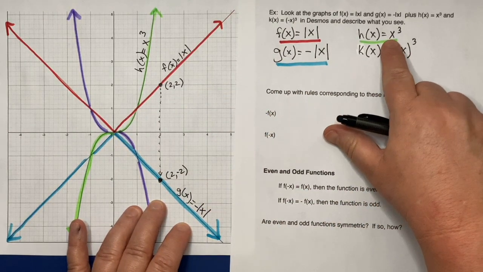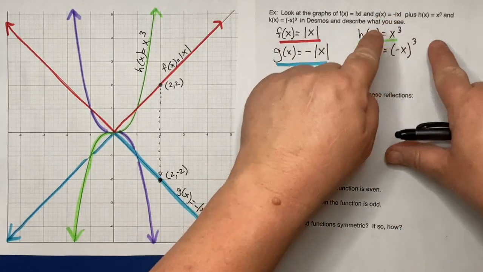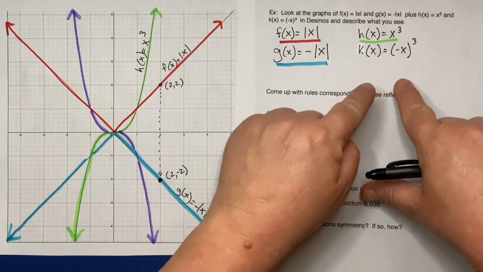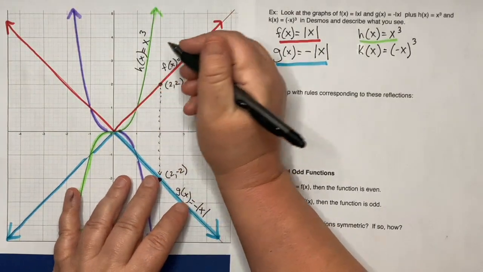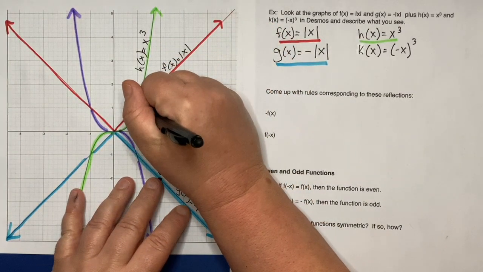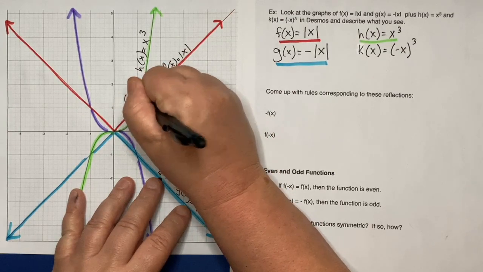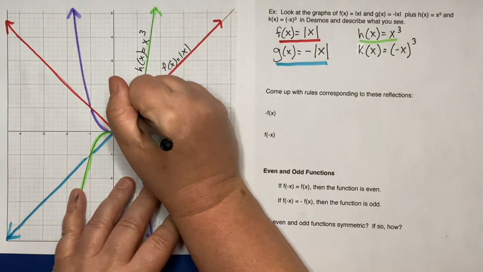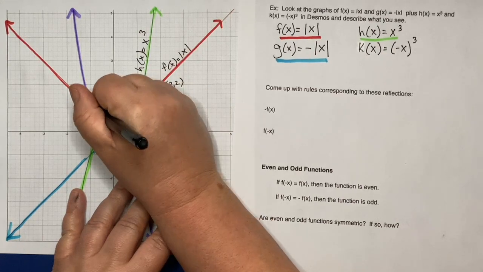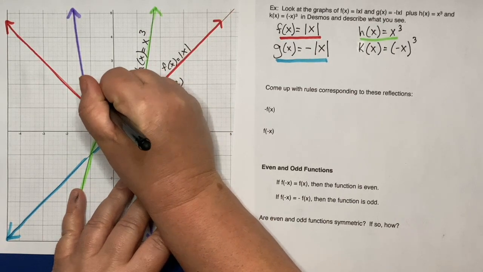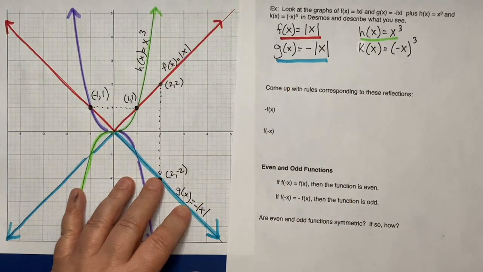Now this transformation happened inside the parentheses. So what we're going to be looking at is, for example, we've got this point right here, which is the point 1, 1, and that corresponds over here to the point negative 1, 1.